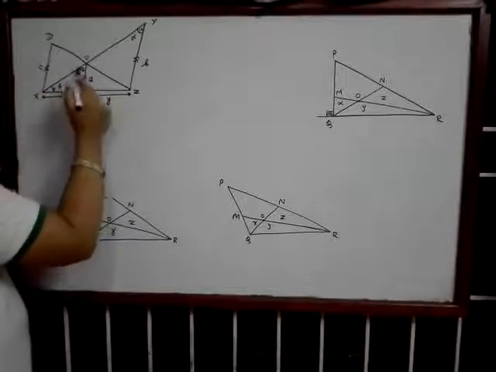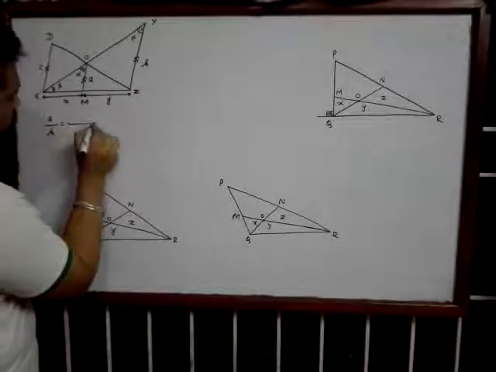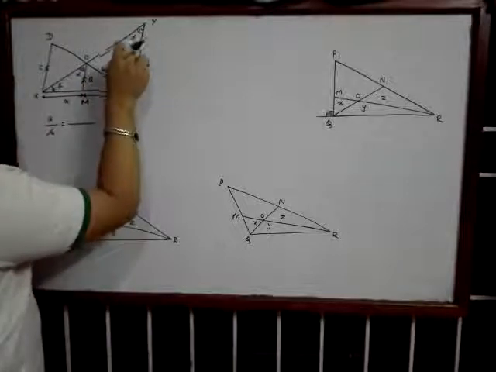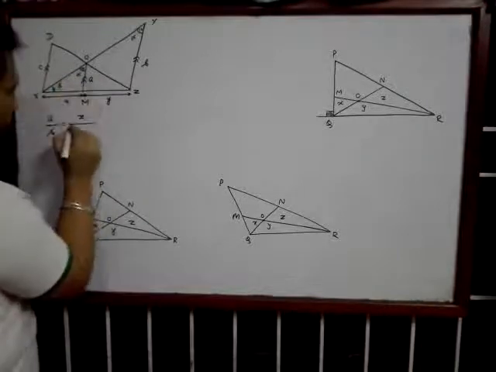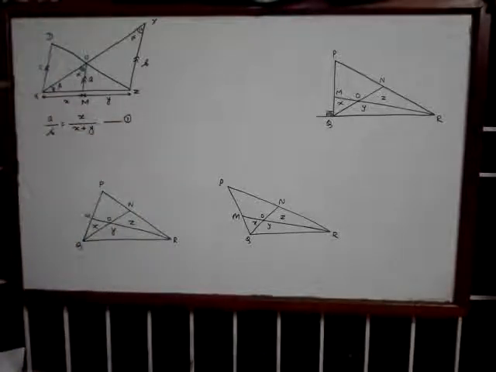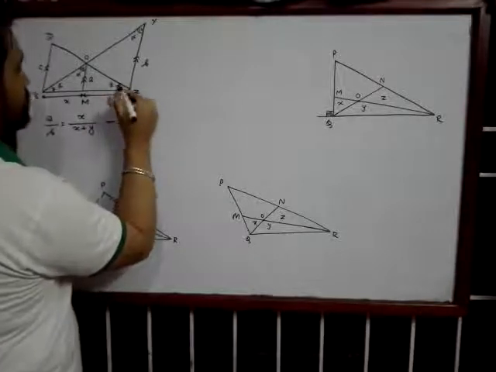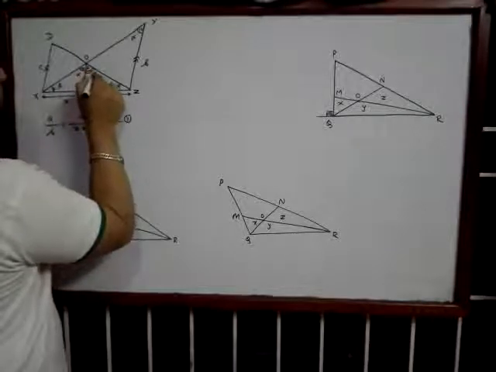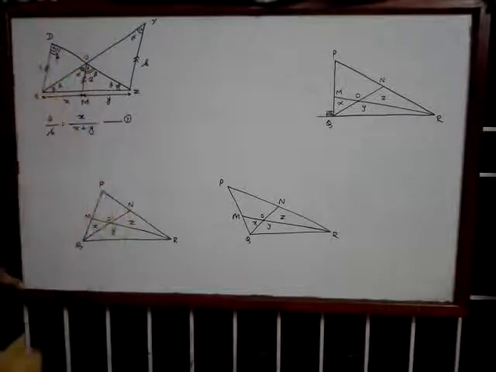Then, since these two triangles are similar, what we get is A over B is equal to X over X plus Y. Let's call this equation 1. And similarly, this is a common angle to both of these triangles, and this angle beta is equal due to parallelism, corresponding angles.